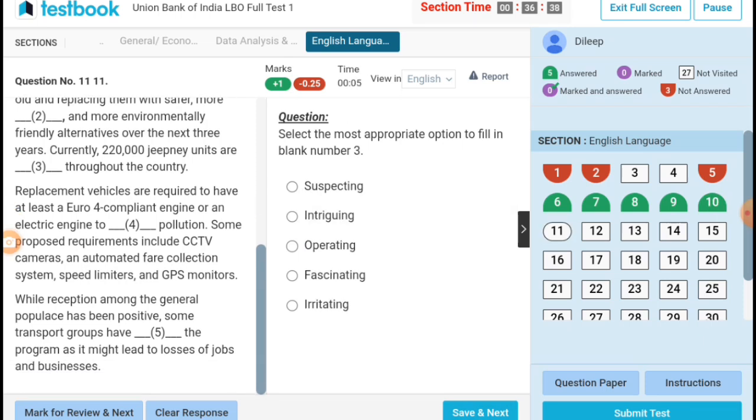Currently, 220,000 jeepney units are operating throughout the country. Replacement vehicles are required to have at least a Euro 4 compliant engine or an electric engine. To lessen pollution.